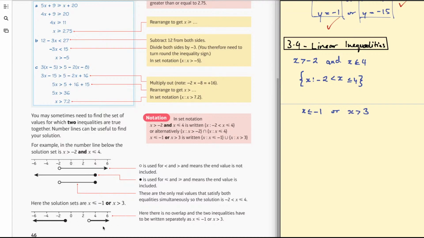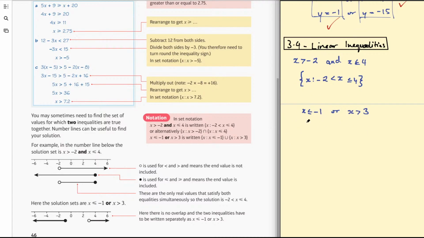It obviously can't be in both. Whereas in this other set of values, it's between two numbers, so the set of values is enclosed within -2 and 4. So we say the solution set is x greater than -2 and x less than or equal to 4.